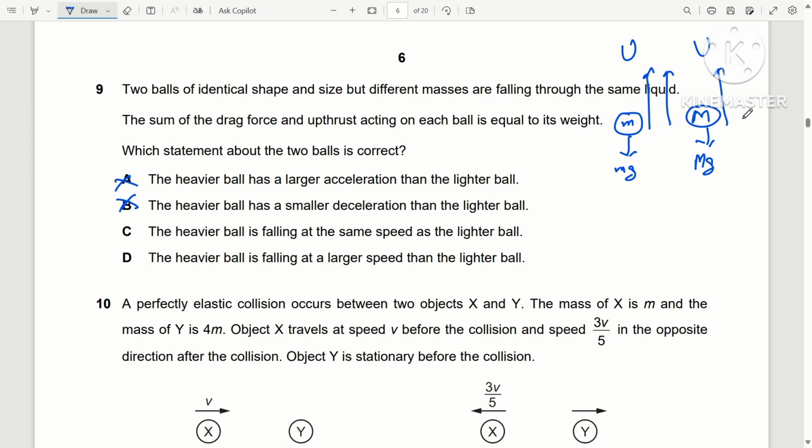Another force acting is the drag force, which will be different. Let's say the drag force here is d1 and here d2.